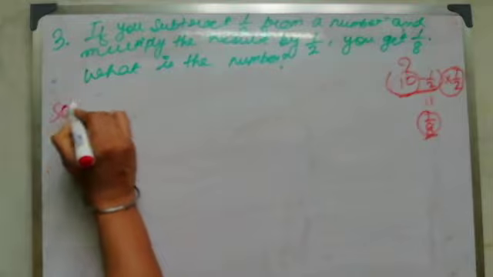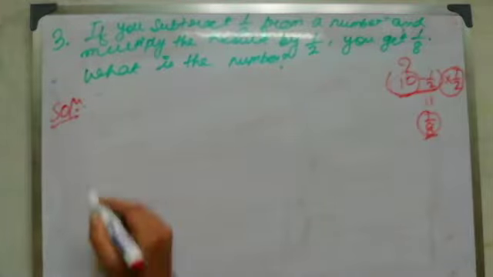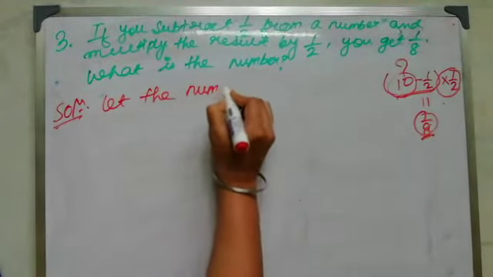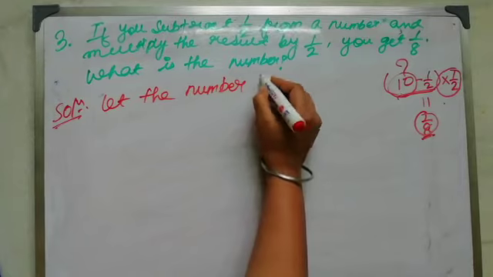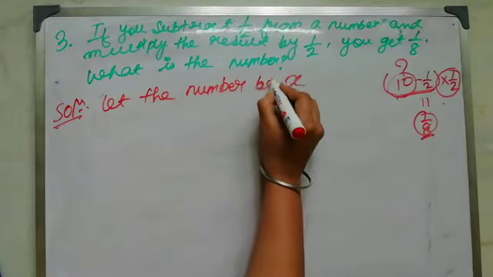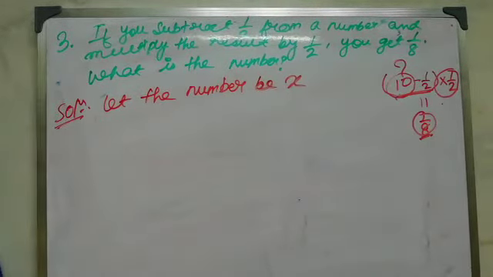Obviously the unknown is my variable, right? So let the number be x. Let that unknown number be x or y or z or a, be anything.